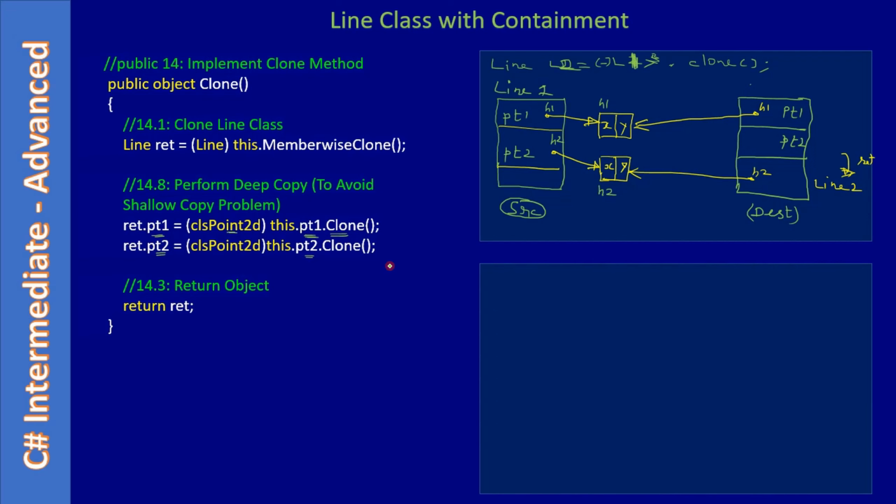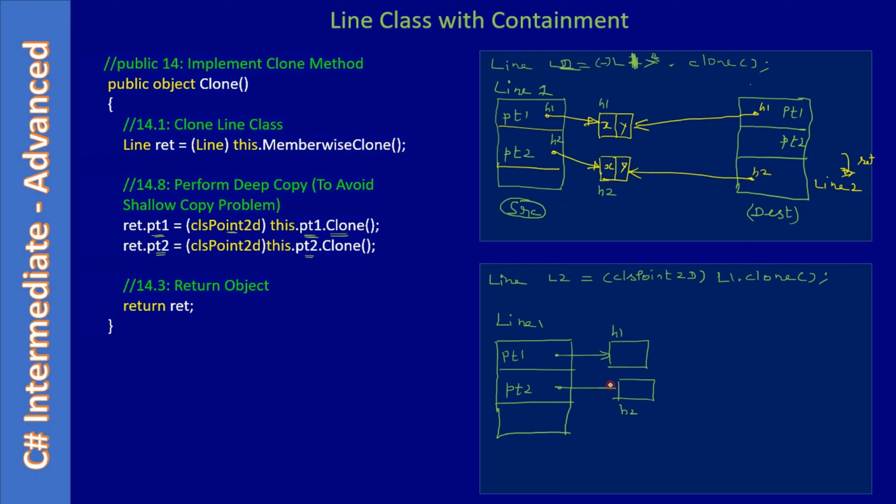To better understand this, let's once again go with the same statement, line. So we saw the problem when we didn't add the code snippet 14.8. Now we will see what happens because of this 14.8.